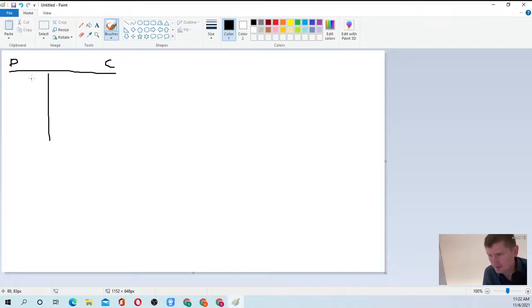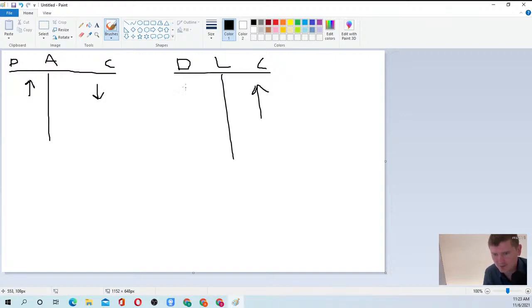So if it's an asset, it will increase on the debit side and decrease on the credit side. If it's a liability, it will be vice versa. By now we should all know that.